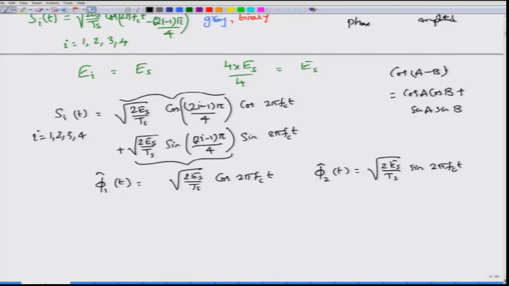You can easily prove that because Fc is an integral multiple of 1 by Ts. Because of this, these two are orthogonal to each other, and I can write Si of t as cos((2I minus 1) pi by 4) multiplied by phi 1 hat of t plus sin((2I minus 1) pi by 4) phi 2 hat of t.